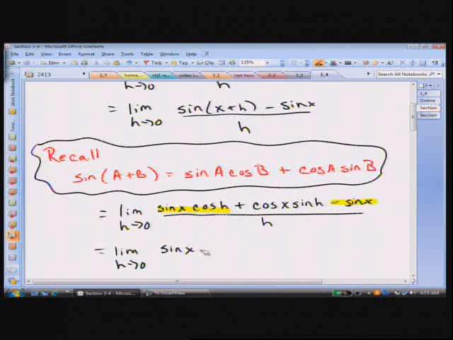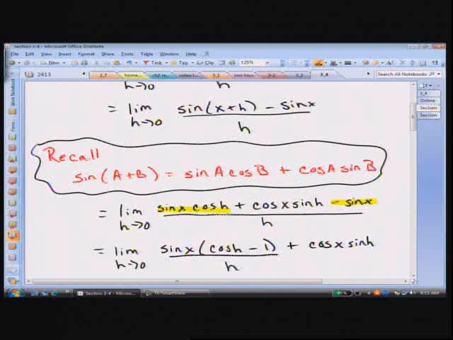Okay, so if I group them, then I can actually factor the sine x out. So I'm going to factor sine x out. I'm going to get sine x times cosine h minus 1 plus cosine x sine h. And I'm going to put this one over h, I'm going to put this one over h, right? That's all legal to do.